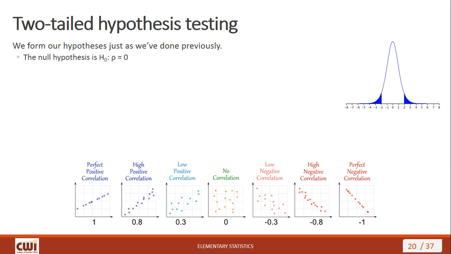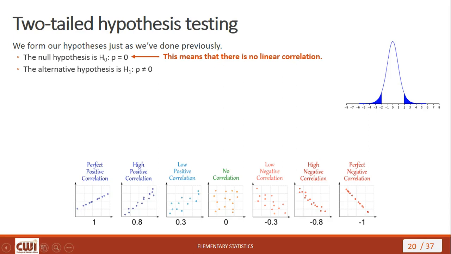The null hypothesis, as always, will be a statement of equality. So we take our population parameter, which is the population linear correlation coefficient rho, and we set that equal to 0. The alternative is then going to be that rho is not equal to 0. So rho equal to 0 means that there is no linear correlation.